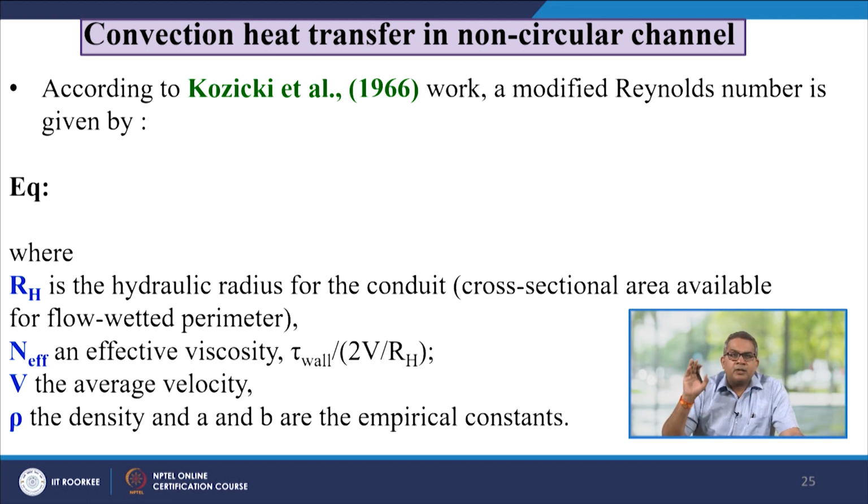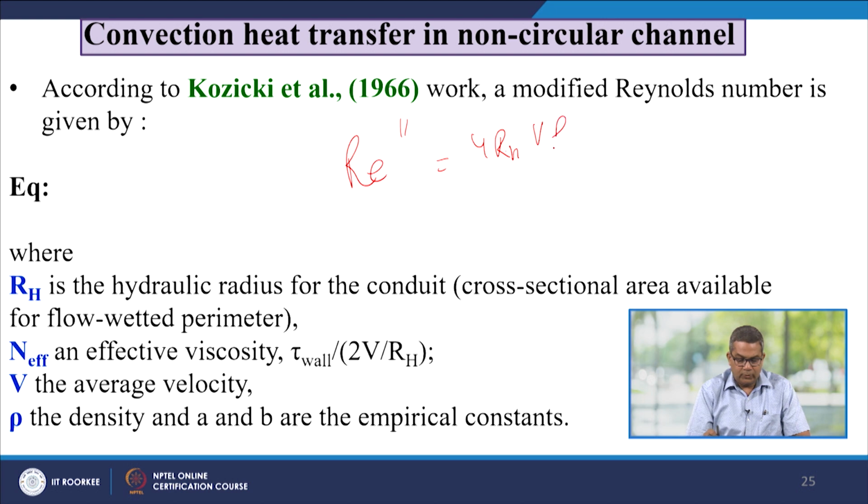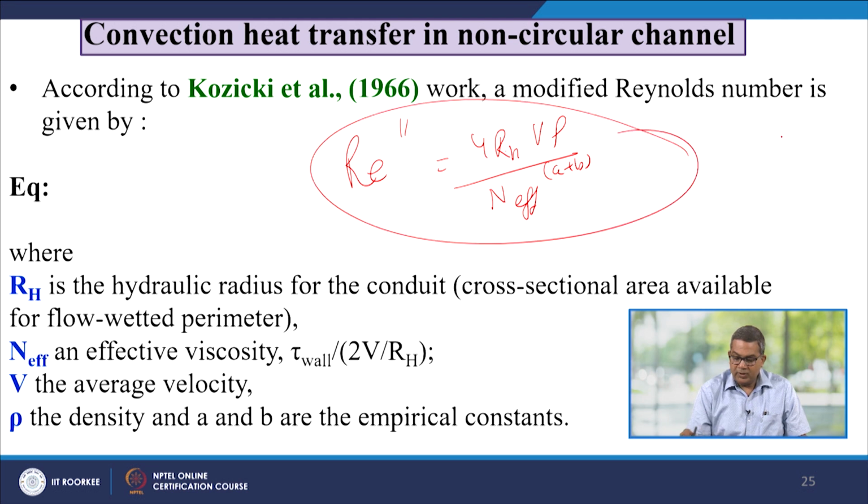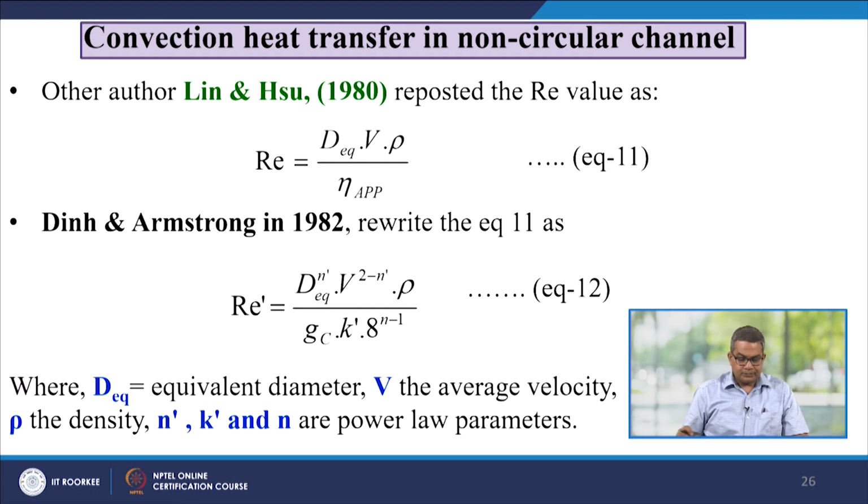As per Kojicki in 1966, the modified Reynolds number is given by 4RH V rho over eta effective, and this is equation number 10, where RH is the hydraulic radius for the conduit, that is the cross-sectional area available for flow over the wetted perimeter, and eta effective is the effective viscosity, which is represented by this, V is the average velocity, rho is the density, and A and B are the empirical constants.